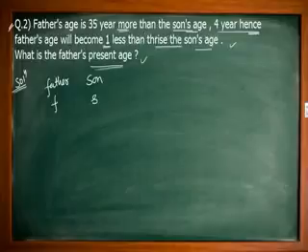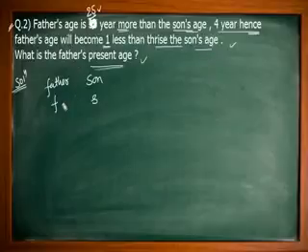One thing guys, can you do a very small amendment here? Do it 25 years more than. Actually I have given a small answer, it may vary, so put 25 here. Father's age is 25 years more than the son's age. 4 years hence, father's age will become 1 less than thrice the son's age. What is the father's present age?